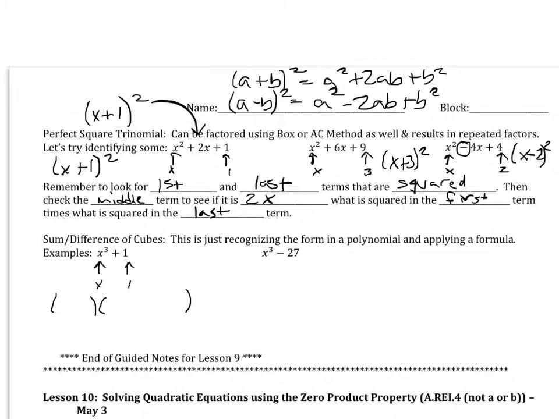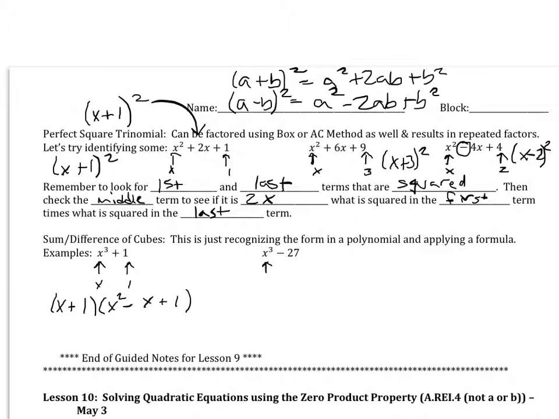We just have the things that are cubed with their original sign in our first factor. Then we square the front, square the back, and multiply them in the middle with the opposite sign. Hope that helps.